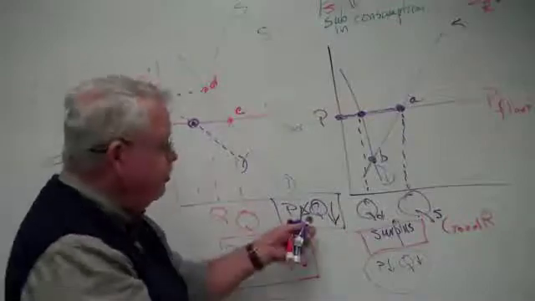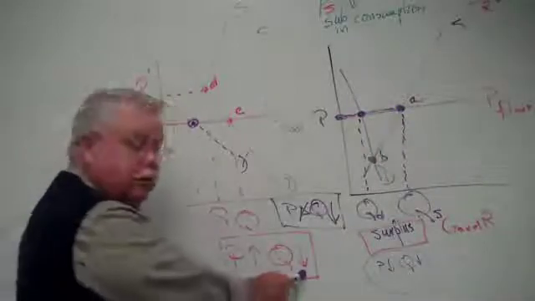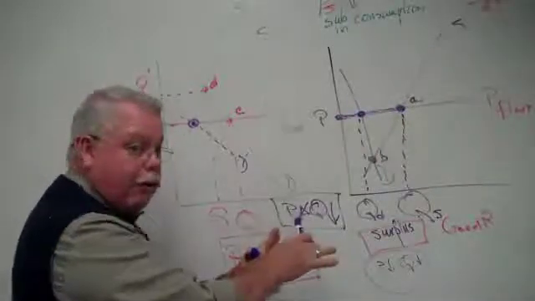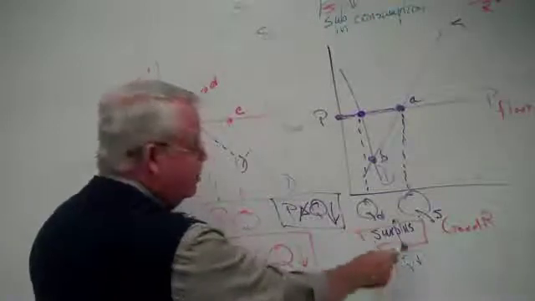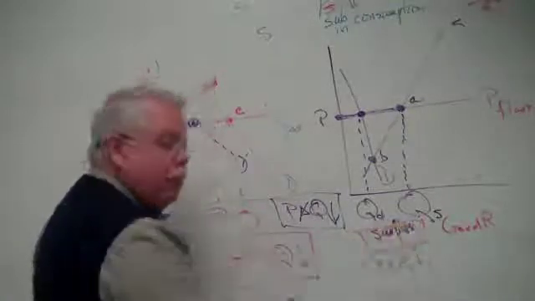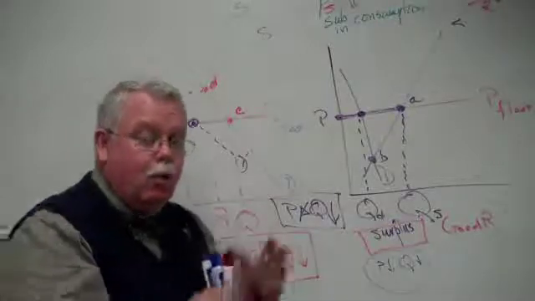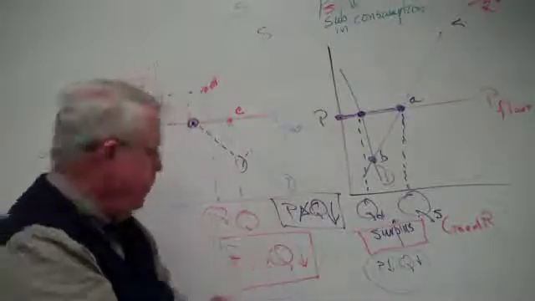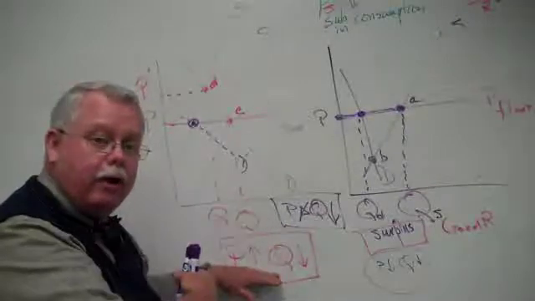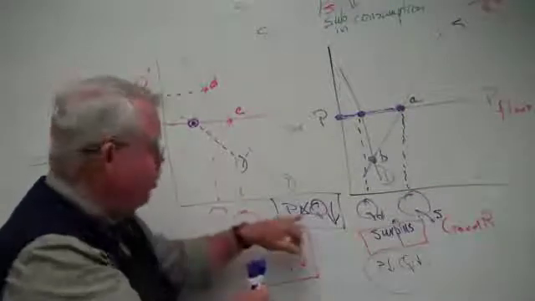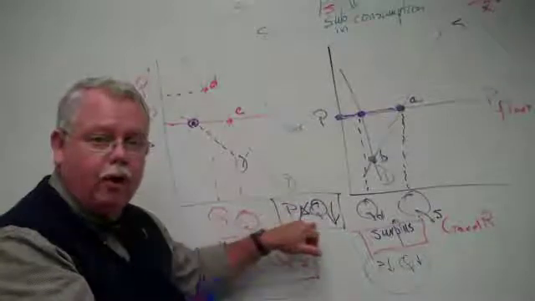And this is the one that's easy to overlook. If you ignore the floor and go through these shifts, you'll get this and this and this. No problem. But then you've got to remember, well, wait a minute, if the price does drop, it's not allowed to, so we'll wind up with a surplus. So where are we going with our correct answer? Well, you could get to a new equilibrium with a higher price and a smaller quantity. You could get to a new equilibrium with the same price and a smaller quantity.